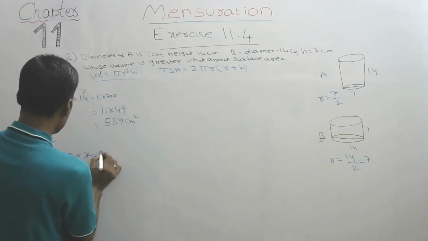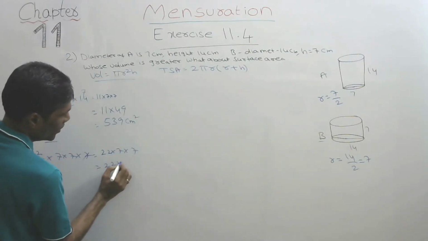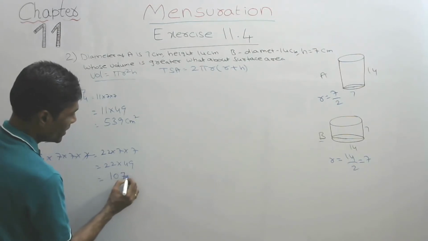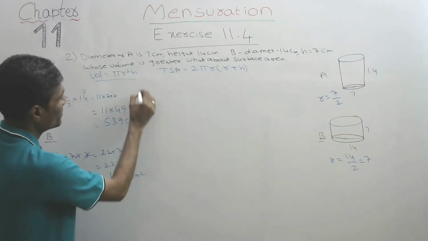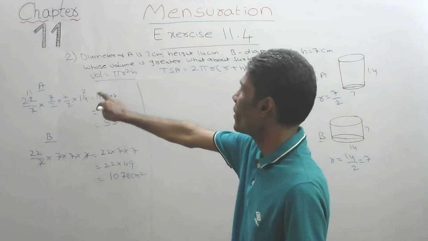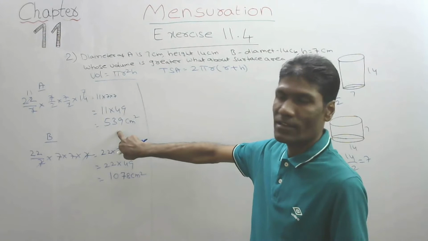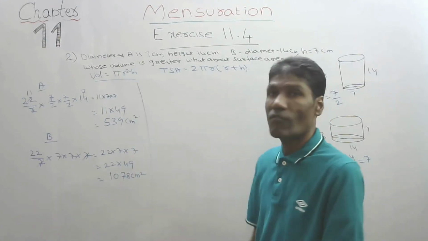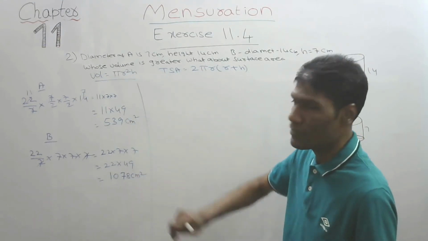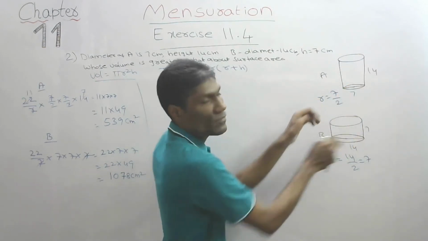So we are left with 22 into 7 into 7, that is 22 into 49, that is 1078 centimeter cube. Now, as far as volumes are concerned, figure A we got 539, figure B we got 1078. If you observe, this is just a double of it. So figure B has double the volume of A.